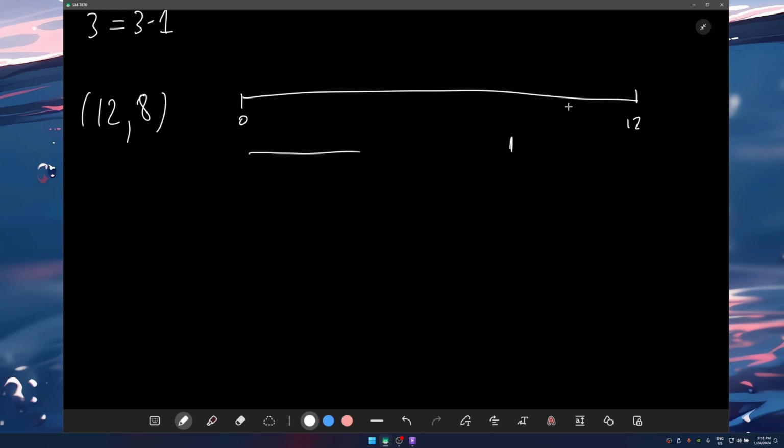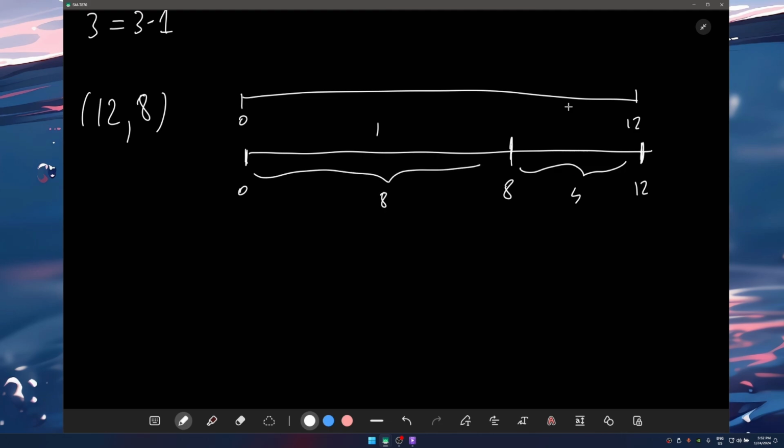So this is 12, and then 4 are left in here. So this is the remainder 4. And this is B, which is 8, and there is only one B. This is A, and what we did is 12 is 1 times 8 plus 4.